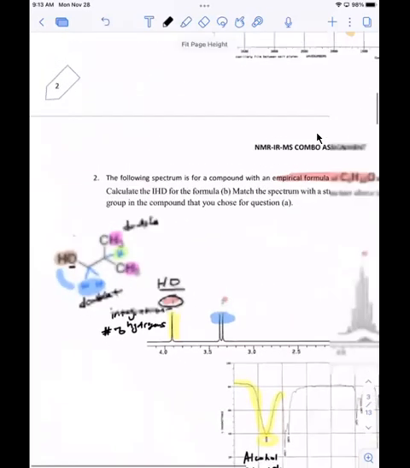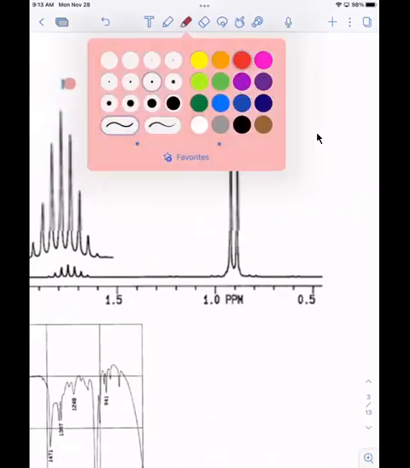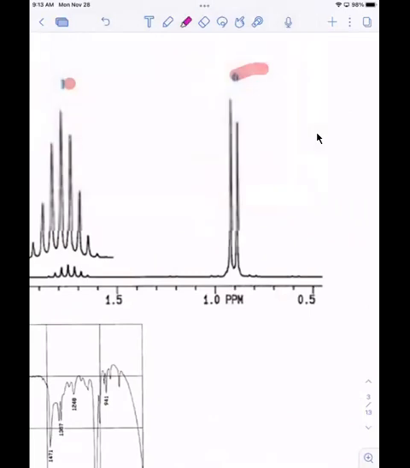And if we look at the spectrum, you can see down here that we do have a doublet somewhere about 0.9, which is what you expect for alkyl protons.